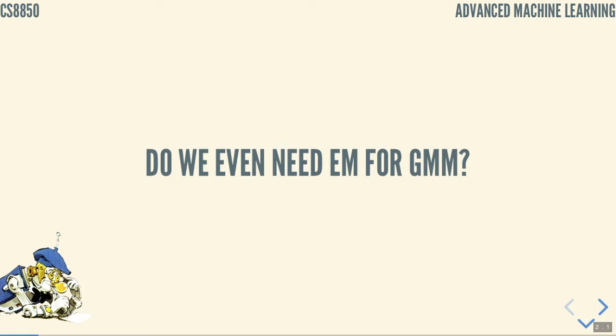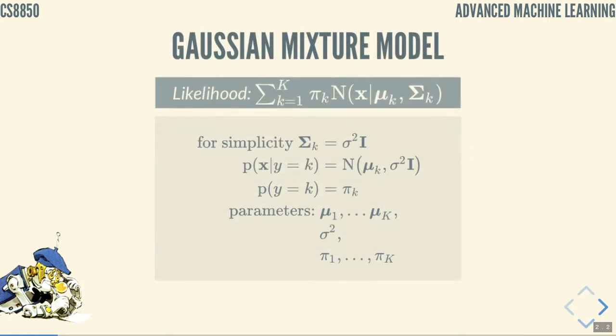So do we even need EM for GMMs? Just to remind you, Gaussian mixture model. Here's how the likelihood looks. Ta-da! It's just a sum of k components, how many mixtures we have, and each of them is a Gaussian with its own mean and its own covariance matrix.